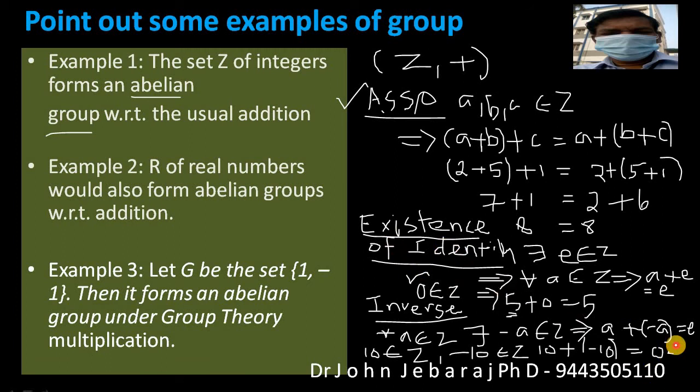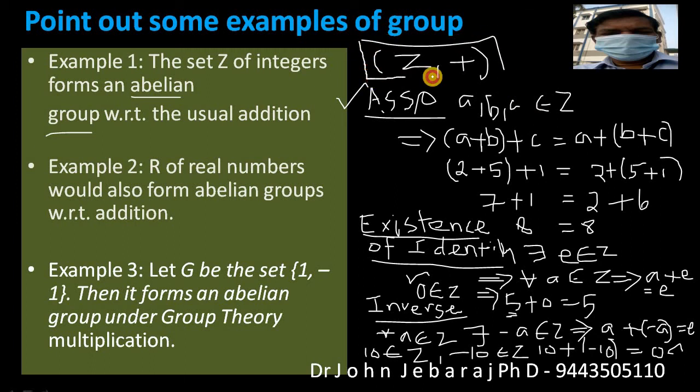Am I correct? So like this, for each and every element A belongs to Z, we have only one element minus A, such that A plus minus A equals the identity element.